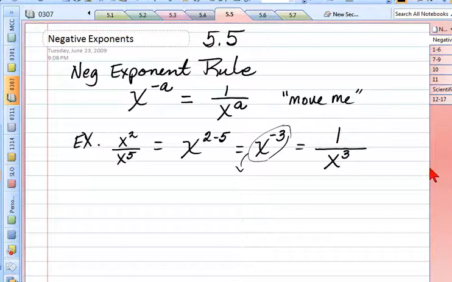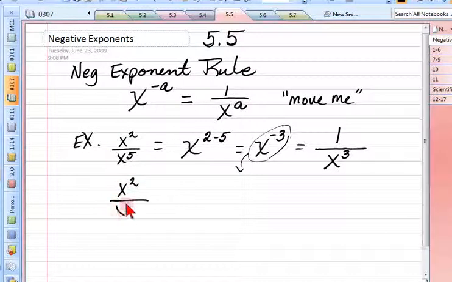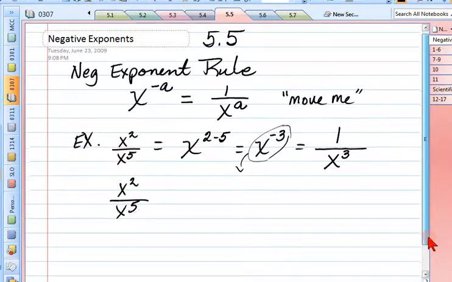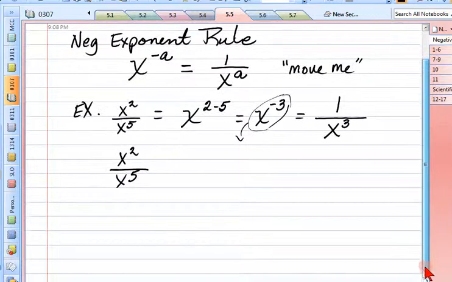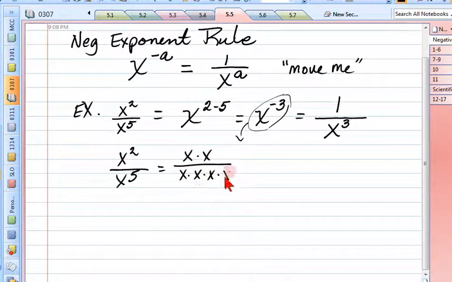Let me see if I can convince you that this step where I did the moving makes some sense. Let's take this same expression, x to the second over x to the fifth. Let me scoot this up just a little bit. I would like you just to think about what it means. Doesn't it mean x times x on the top and x times x times x times x times x on the bottom?